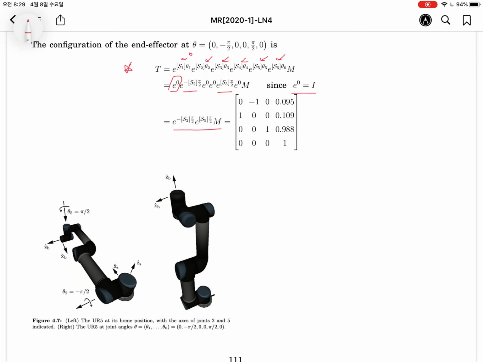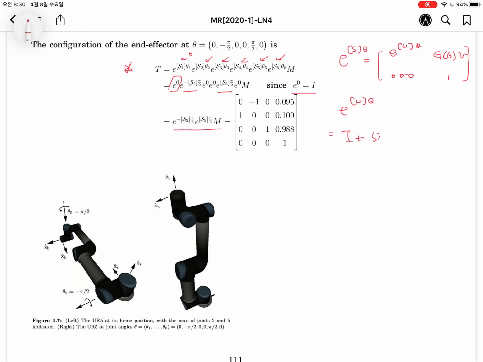Okay, we have this finite form of transformation matrix. Here, e^(S theta) is equal to [e^([omega] theta), G(theta) v; 0, 0, 0, 1]. Do you remember this formula? How about the e^([omega] theta)?